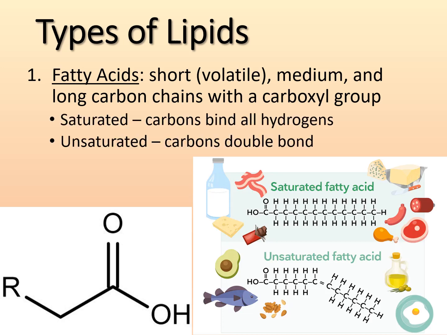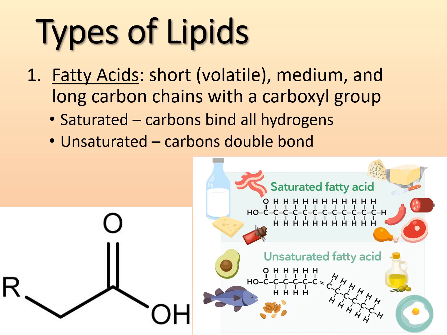So we have two different types of fatty acids. We have saturated fatty acids and unsaturated fatty acids. Now, a lot of people have a hard time remembering which is the good one, which is the bad one. So if you think about how many hydrogens are bound to the carbon, that's going to tell you whether it's saturated or unsaturated. So saturated means that all the carbons are bound to hydrogen.